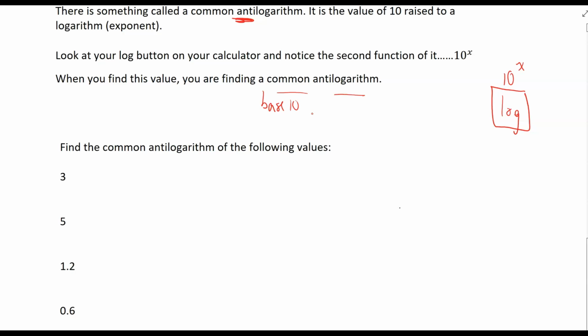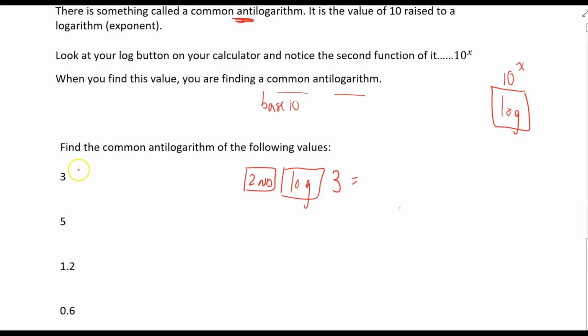So, find the common anti-logarithm of the following values. We are using the second function key, which means we have to punch into the calculator second function log, or shift log, whatever it looks like on yours. And you will enter in a 3 and press equals.